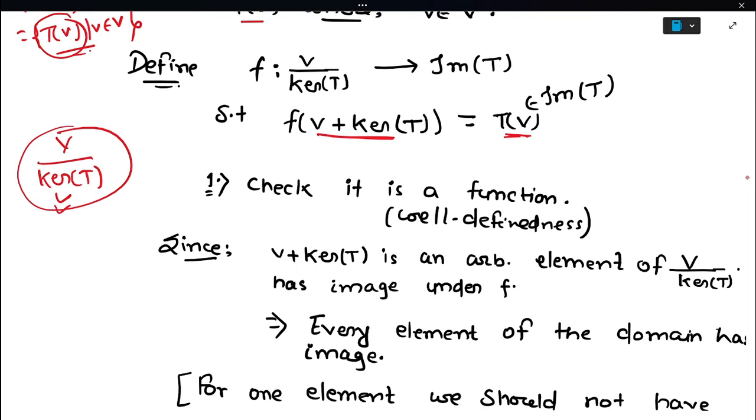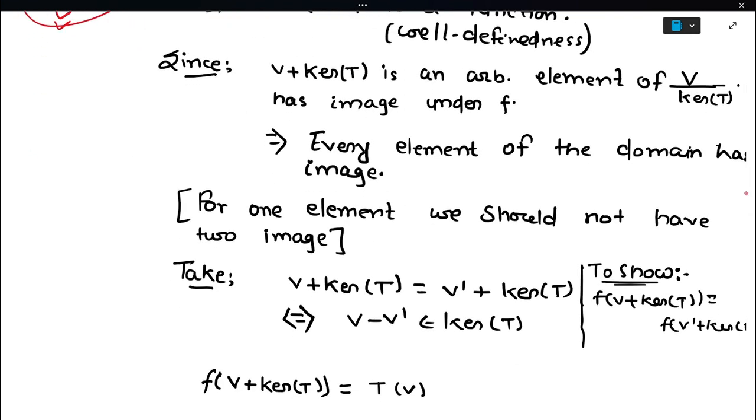Secondly, we need to check that one element should not have two images or more than one image.